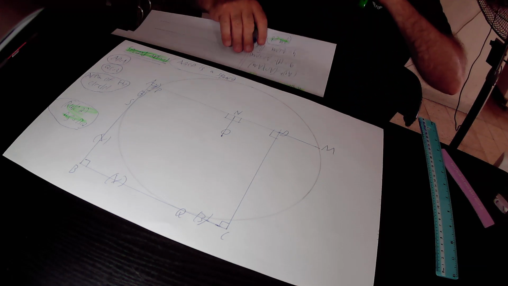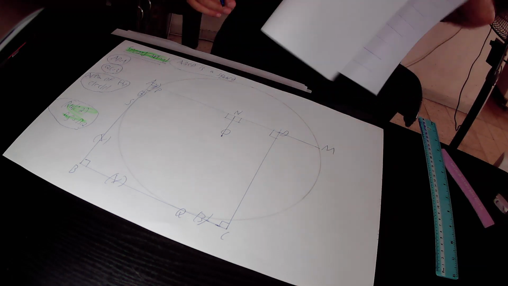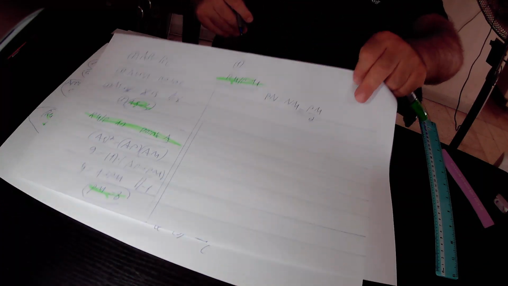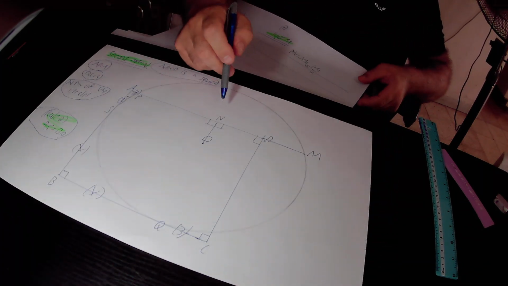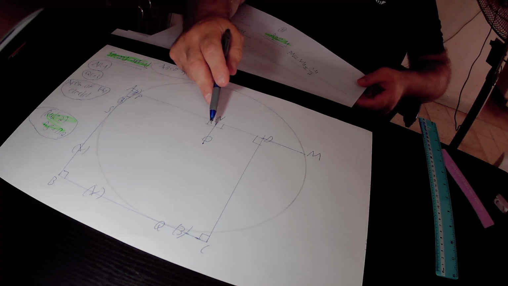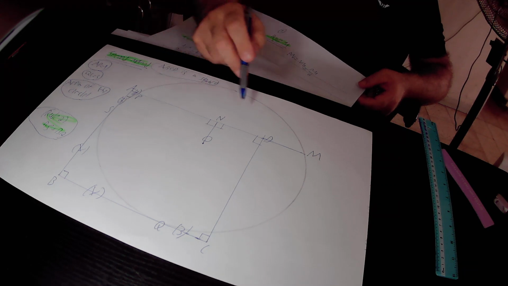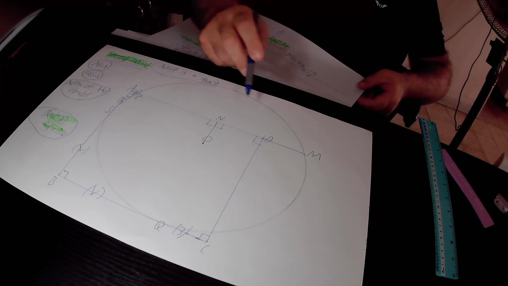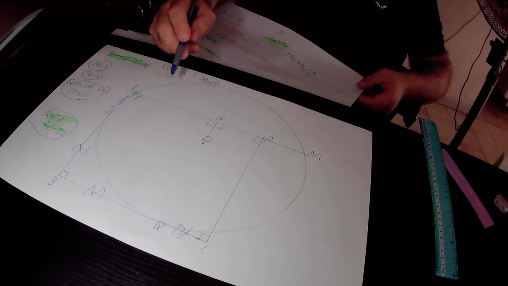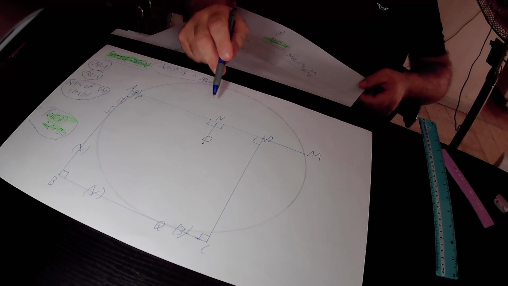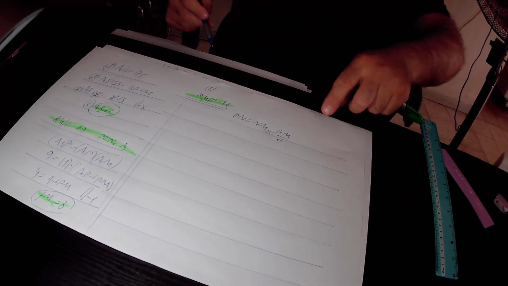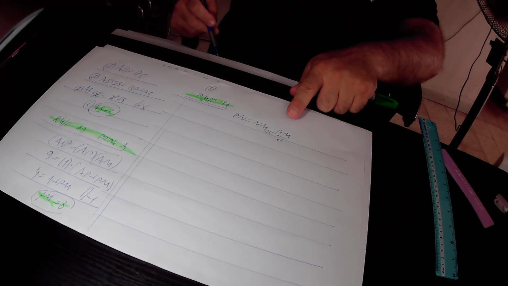So repeat again. According to rule 11, perpendicular ON that is drawn from the center of the circle, that is to say from point O, bisects chord PM. That is to say it divides chord PM into two halves. Each half equals PM over 2. So PN equals NM equals PM over 2.